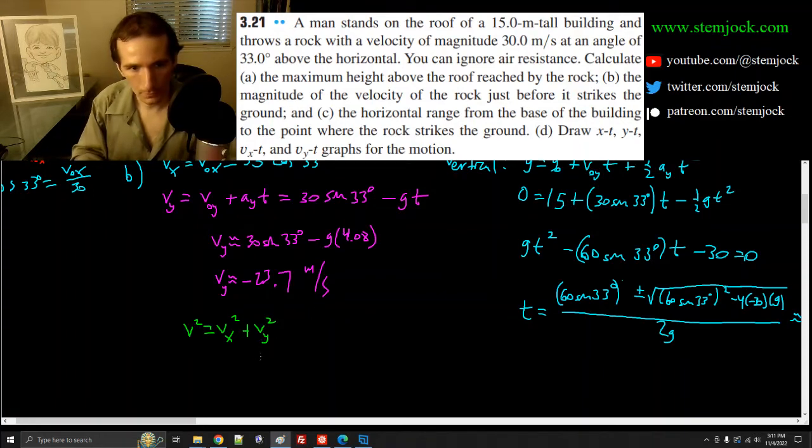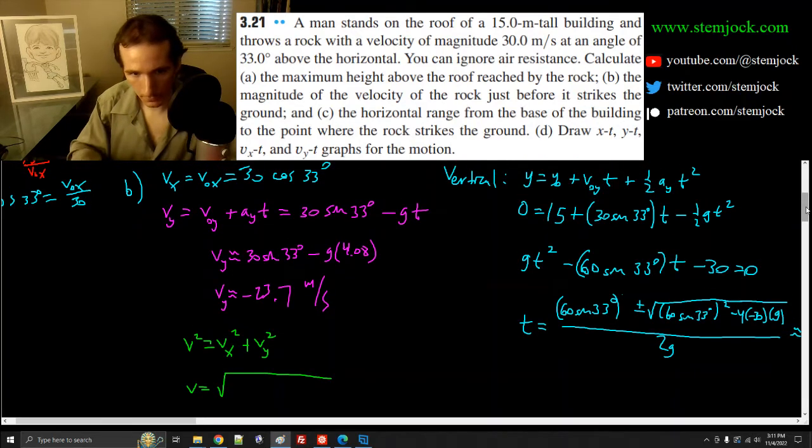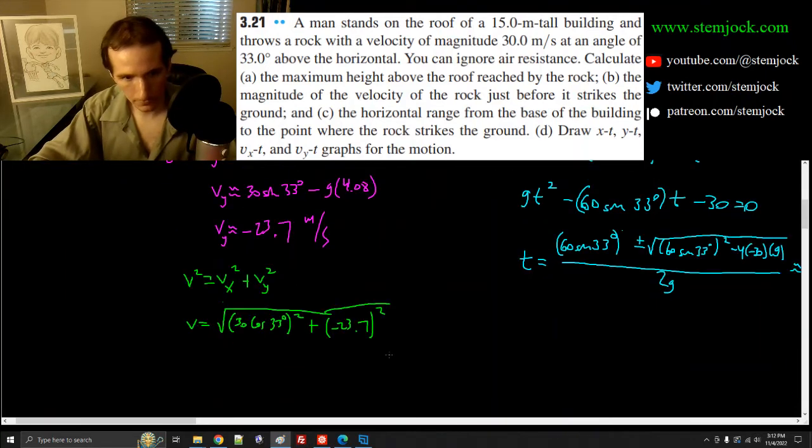So v is the square root of (30 cosine 33 degrees) squared plus this negative 23.7 squared, and this will be our answer for part B.